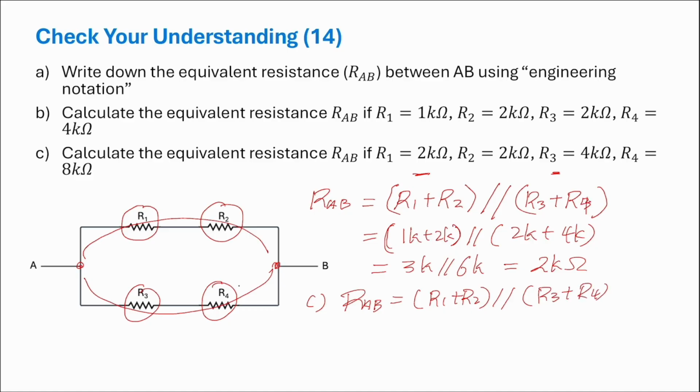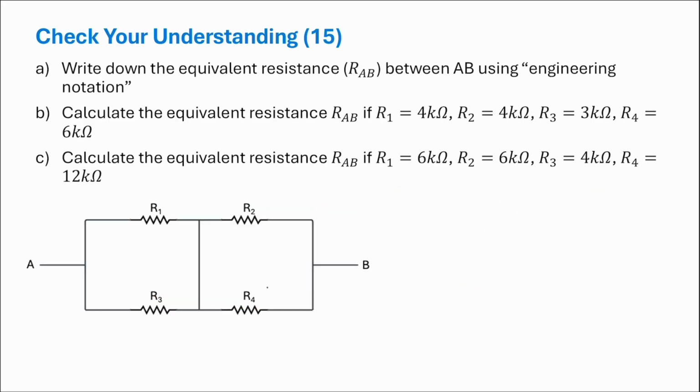This is 4 here, and this one is 2K plus 2K parallel 4K plus 8K, and we have 4K parallel 12K, and the answer is 3K ohm.